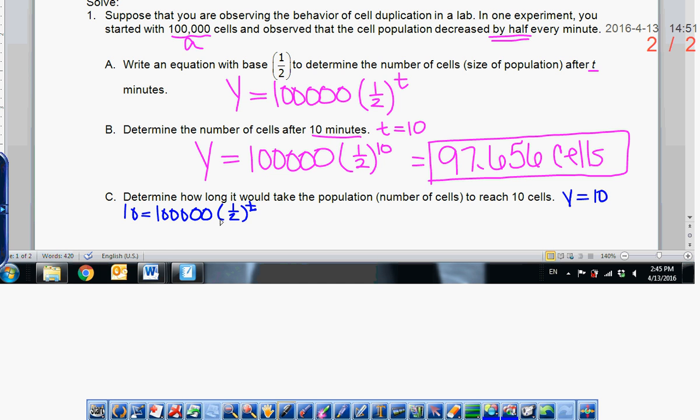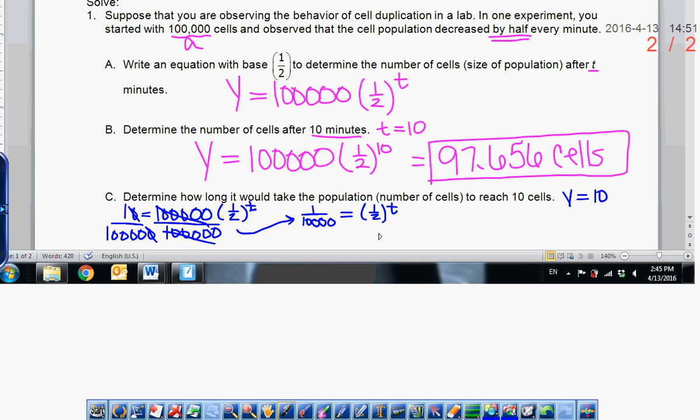But first, remember, we have to isolate that exponential. Good. So divide by 100,000 first. Okay, we get 1, 0 that cancels on each of those. So we get that 1 over 10,000 is equal to 1/2 to the t power.